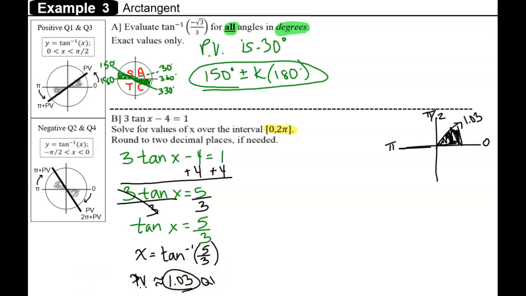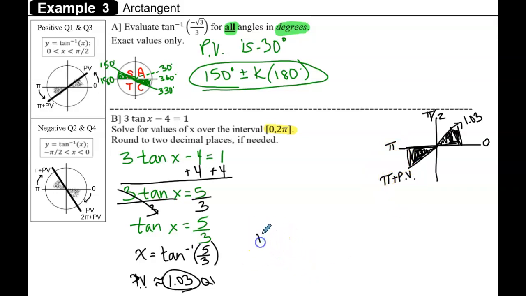Now to find my quadrant 3 solution, because tangent is also positive in quadrant 3, then I'm starting at pi, and I'm going to add my principal value because I want to rotate counterclockwise into quadrant 3.